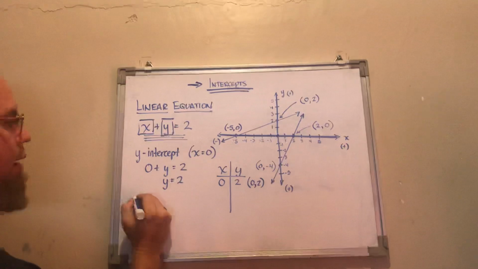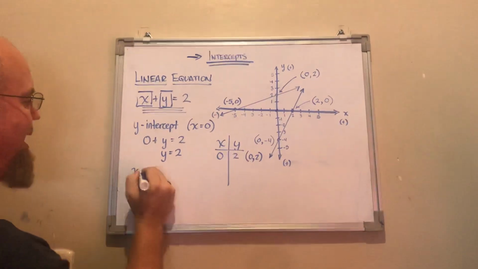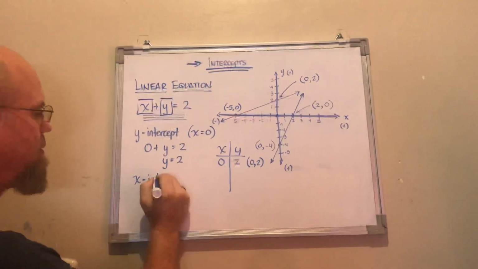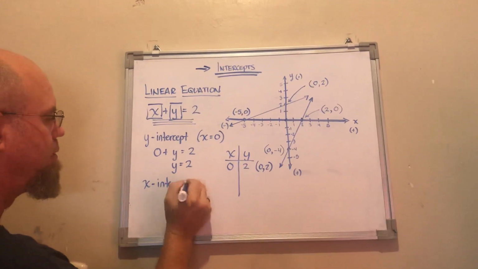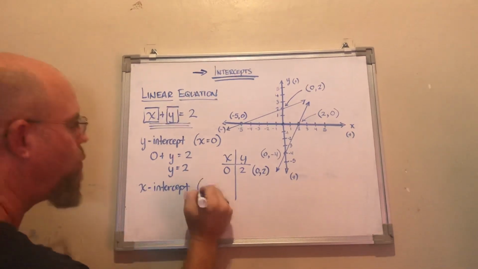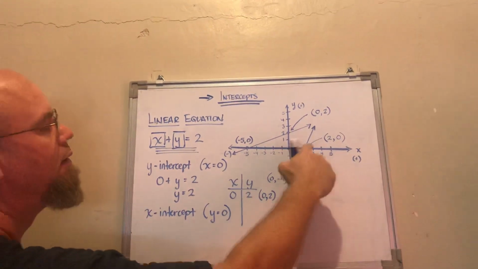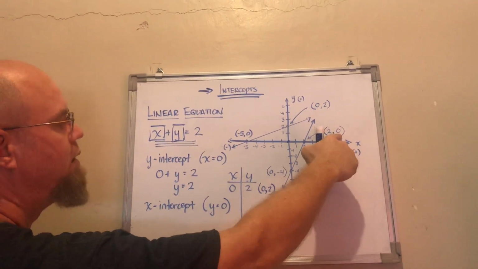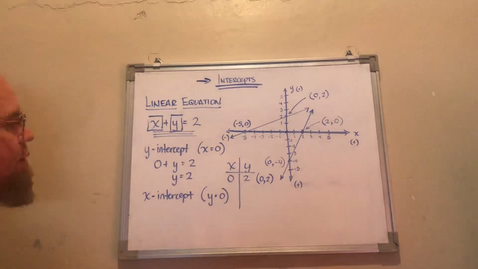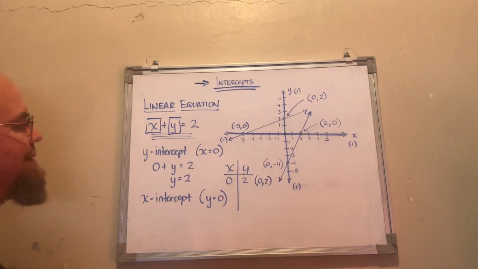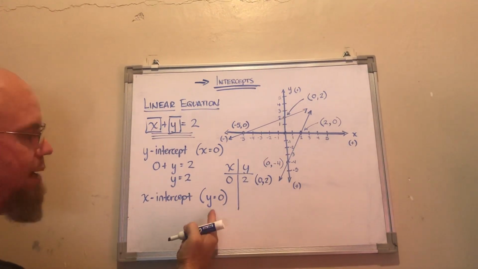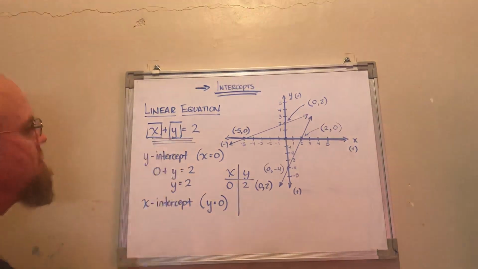All right? Now, if we want to find the x-intercept, we know that y has to equal 0, right? y equals 0. Let's plug y equals 0 into this equation.